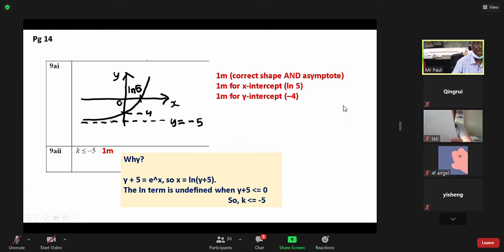That means your graph will not touch this line. If you show your y-intercept -4, 1 mark. If you show your x-intercept, either you write around 5 or 3 SF is okay. So the marks are very clear for this. Then the second part is this is your answer, just 1 mark, either it's right or wrong. That's it.